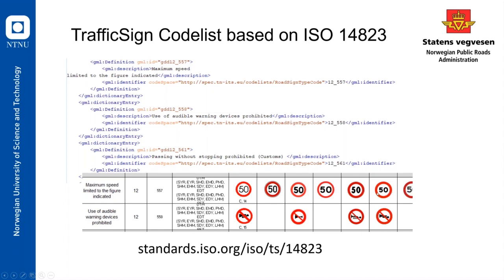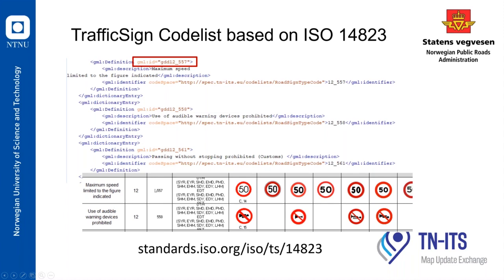Okay, so that was mostly about the content of the feature types and conditions. One level up, we have the dataset model that describes how a dataset is defined. So a dataset in TNITS is described in two ways, either as a road feature dataset, which consists of one or many road features.